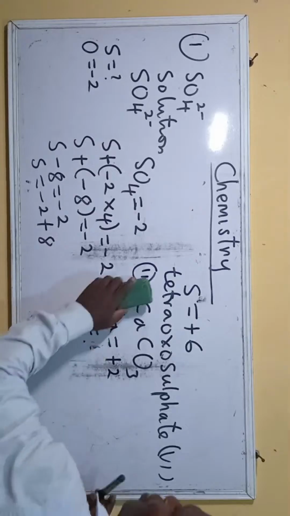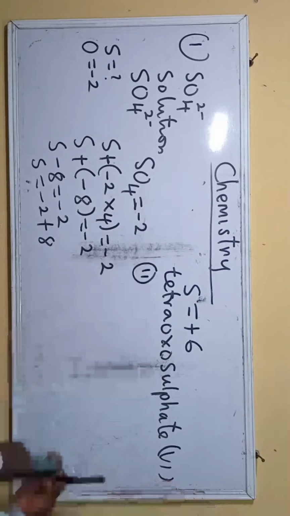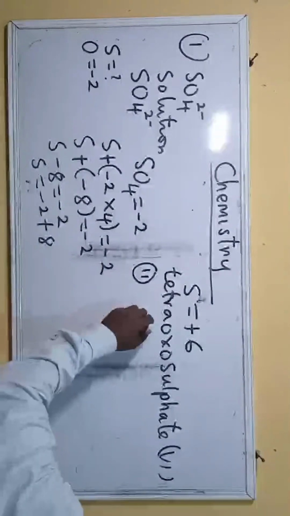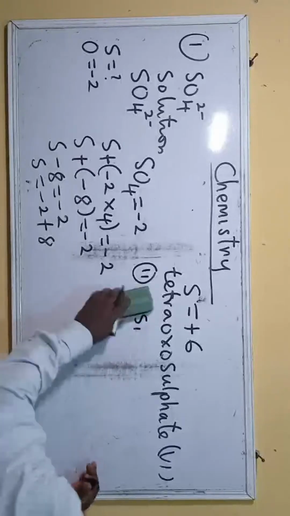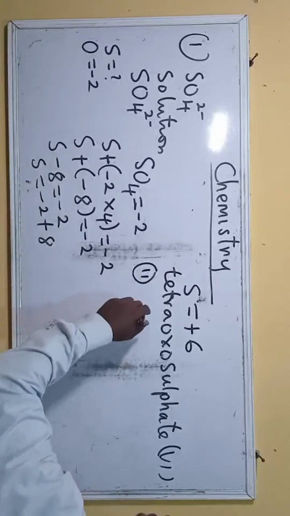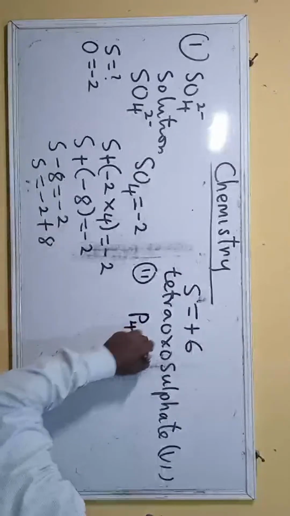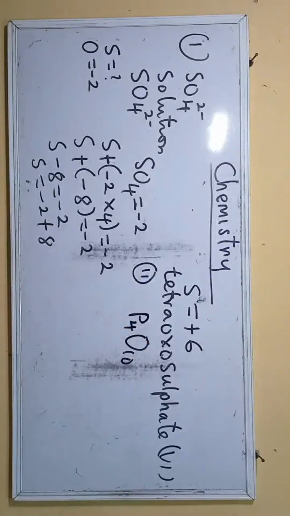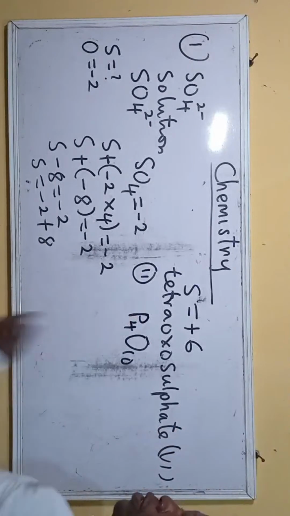So let me change it. Maybe if you have P4O10, how do you solve this? You have to make phosphorus the subject of the formula.